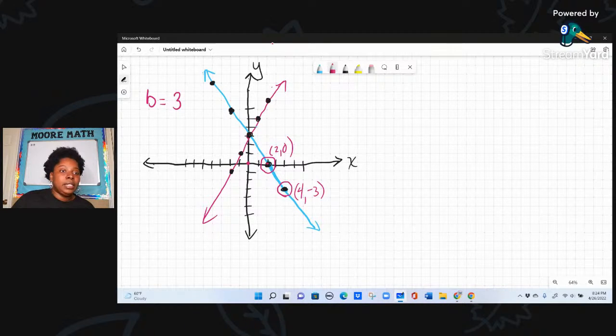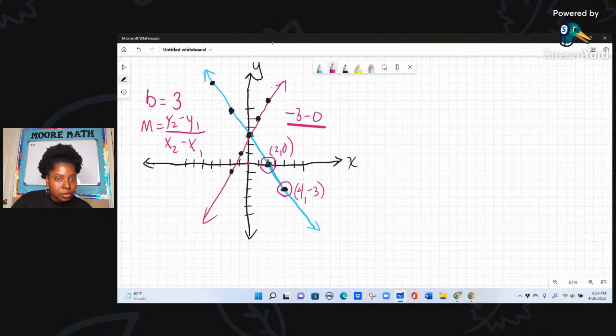But the actual equation, just so that if you can't see it, is M equals Y2 minus Y1 over X2 minus X1. So you're going to take these 2 points and subtract. Y is first: negative 3 minus 0 over 4 and 2.